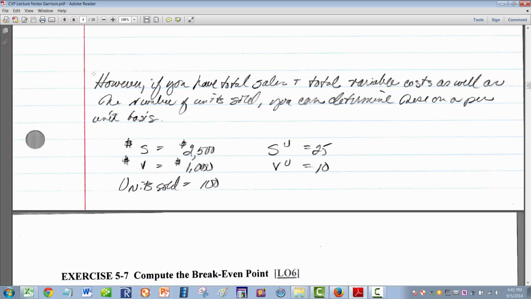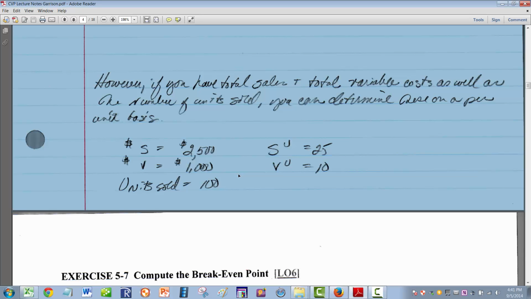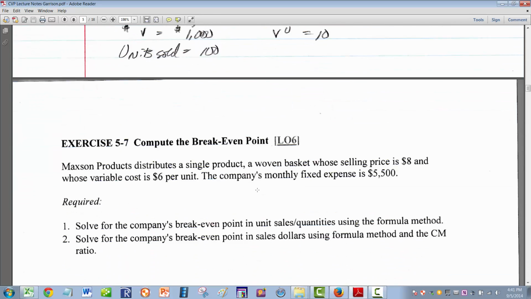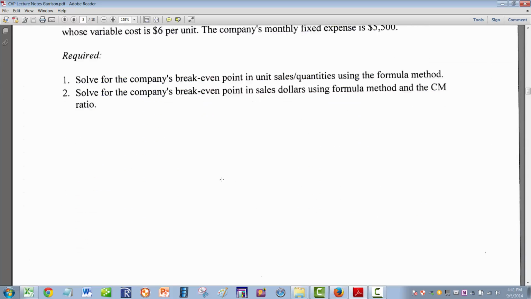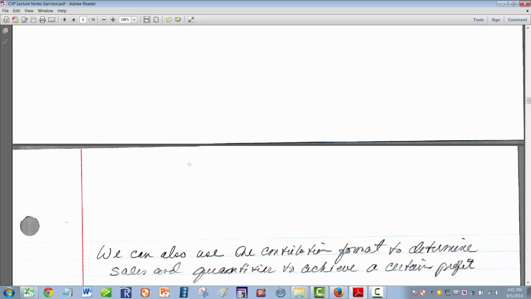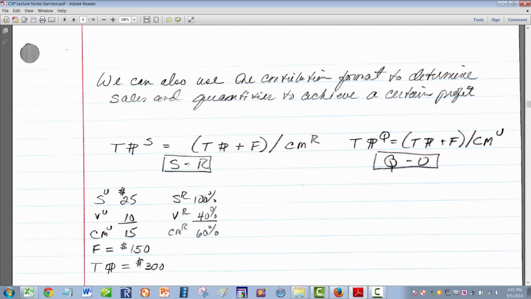So that was just another little caveat on how to calculate sales and variable costs per unit. Okay. All right, so this is an exercise from your homework. Normally, this is included in my notes because normally in a face-to-face class, we would be working this example in class. So let's go to the next page in notes.